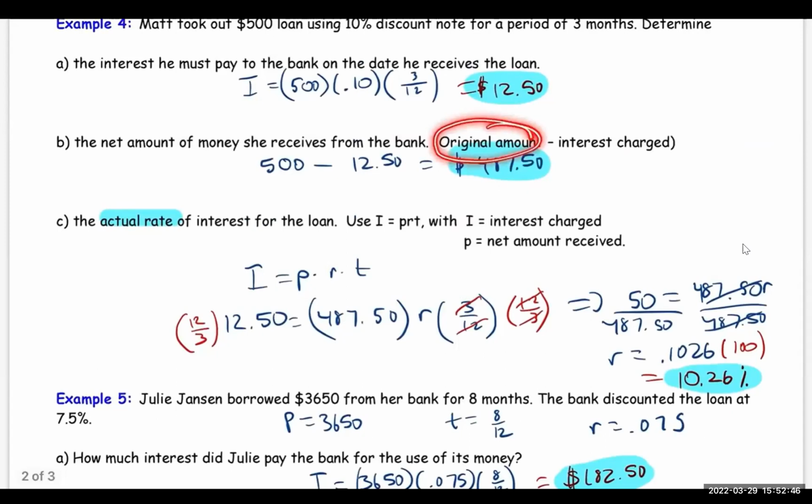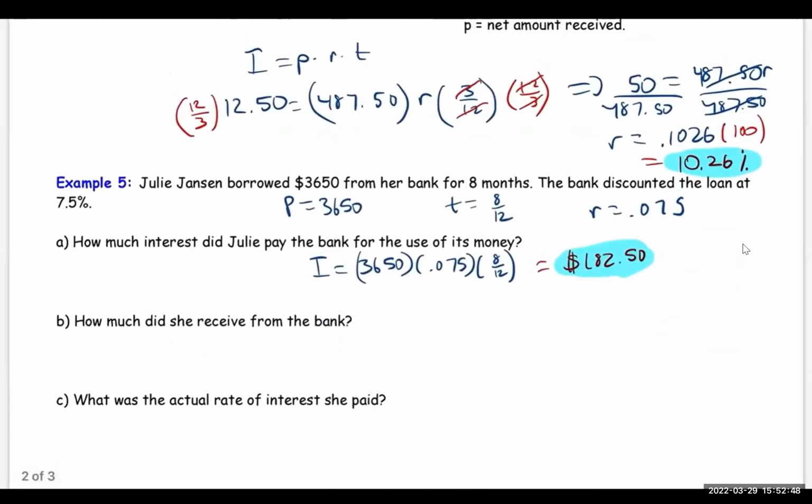Well, that's when you subtract, right? The original minus the interest. So the original is $36.50 minus the interest. That's how you find the amount that she receives from the bank, which it looks like it's going to be $3,467.50.